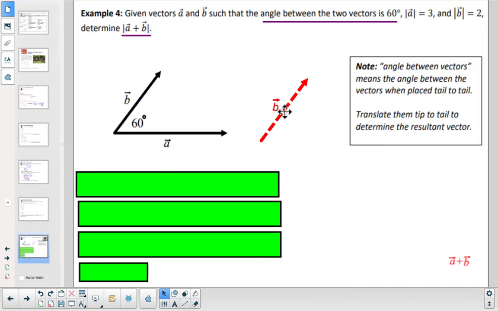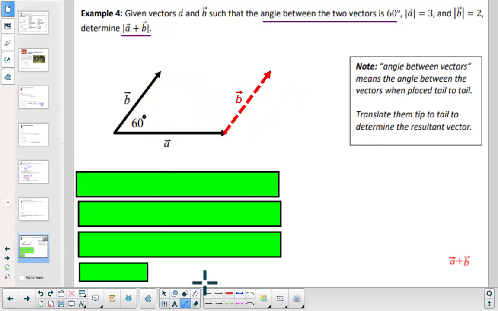My vector A and vector B started off here, but right now they're tail to tail. I want to take the tip of the first vector, and that's where I'm going to place the tail of my second vector.